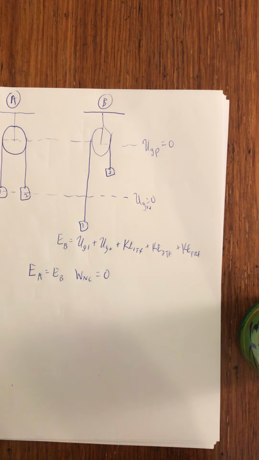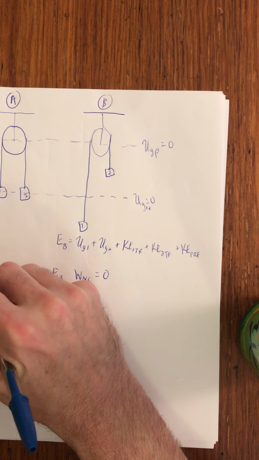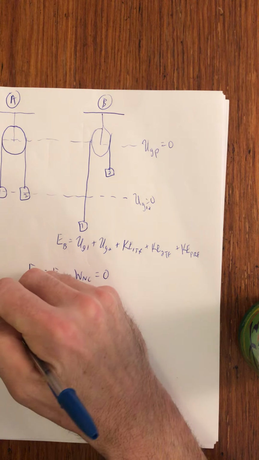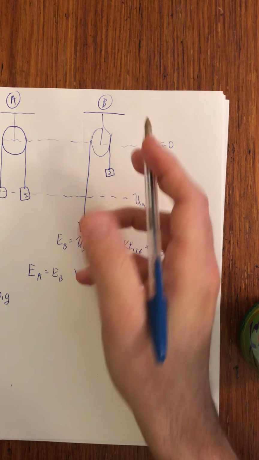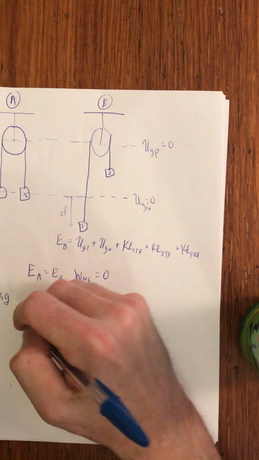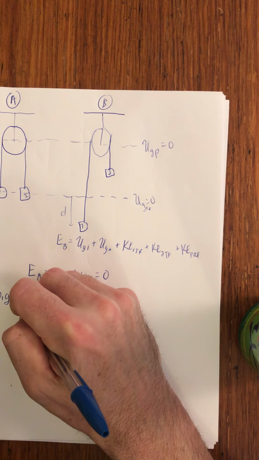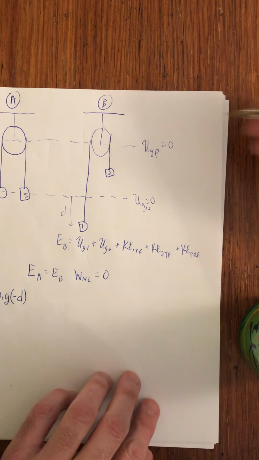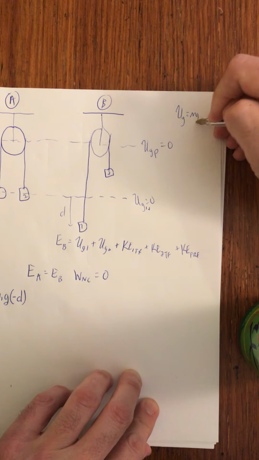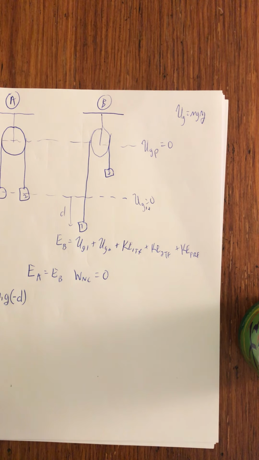Okay, so now let's write this out. 0 is equal to, well, this is m1g and then y1. Now, we said that this goes down, so y1 would be a negative d. Because remember, with gravitational potential energy, mgy, you don't get to choose. Down is negative below the UG equals 0 line, and above it is positive.